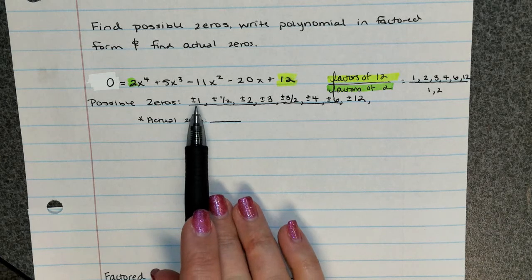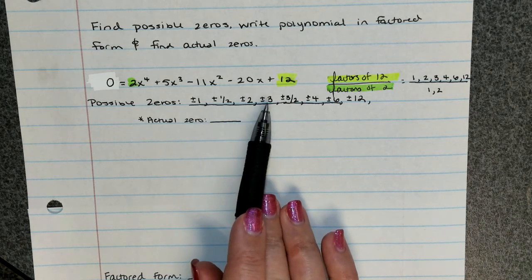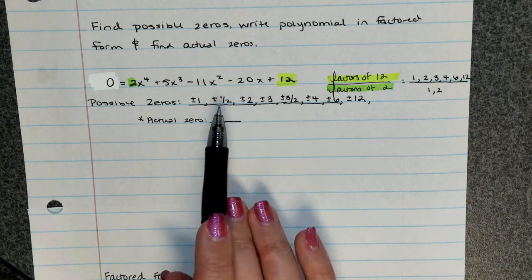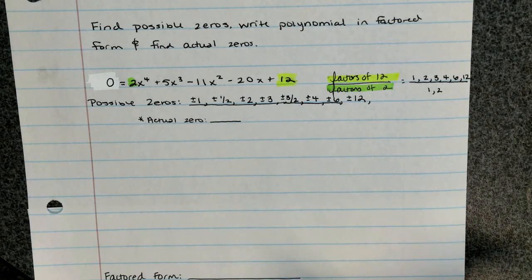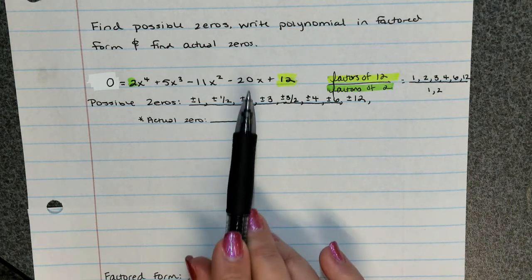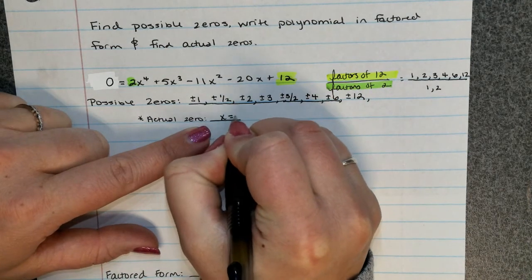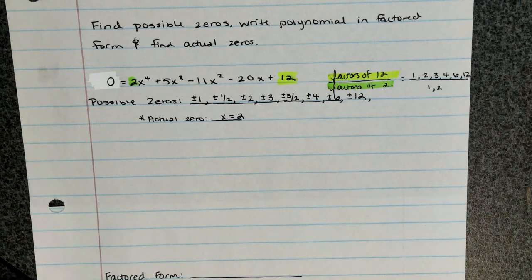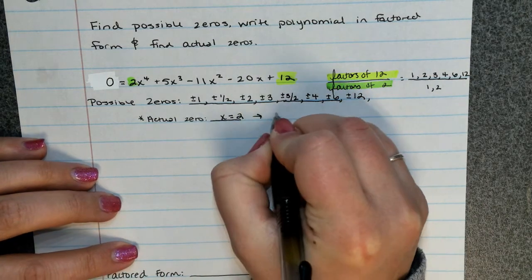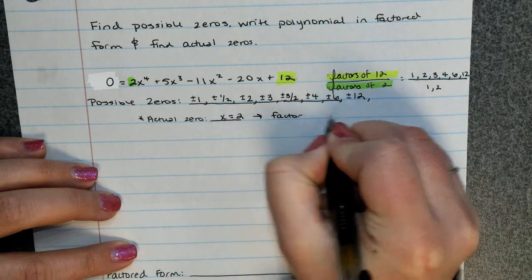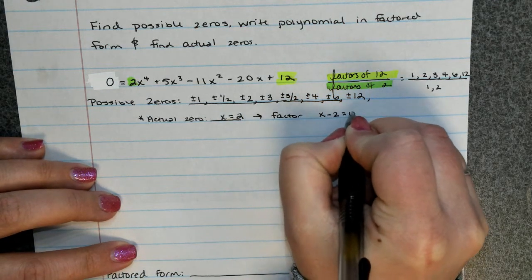So I'll try positive or negative 1, positive or negative 2, positive or negative 3. Then if I have to go back and find the fractions, I'll eventually do that. But I believe 2 was the first one that I found. So I know that x equals 2 is an actual zero. Okay? So that tells me that the factor that came from is x minus 2 equals 0.